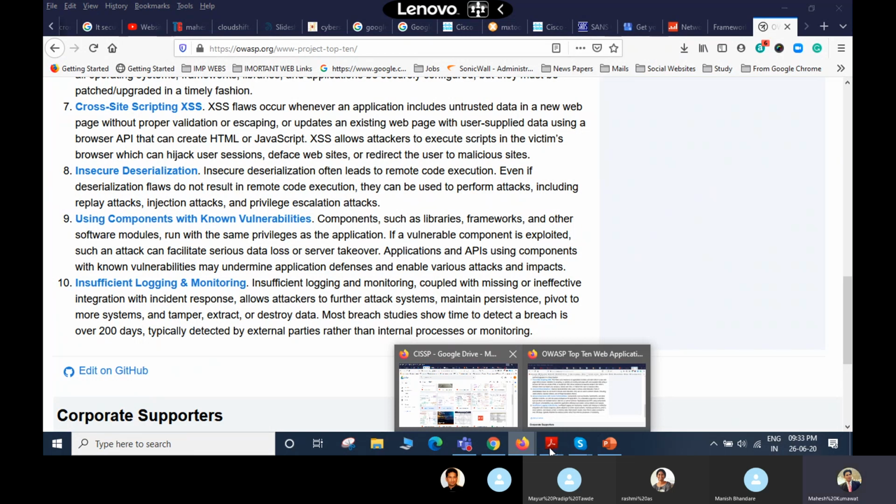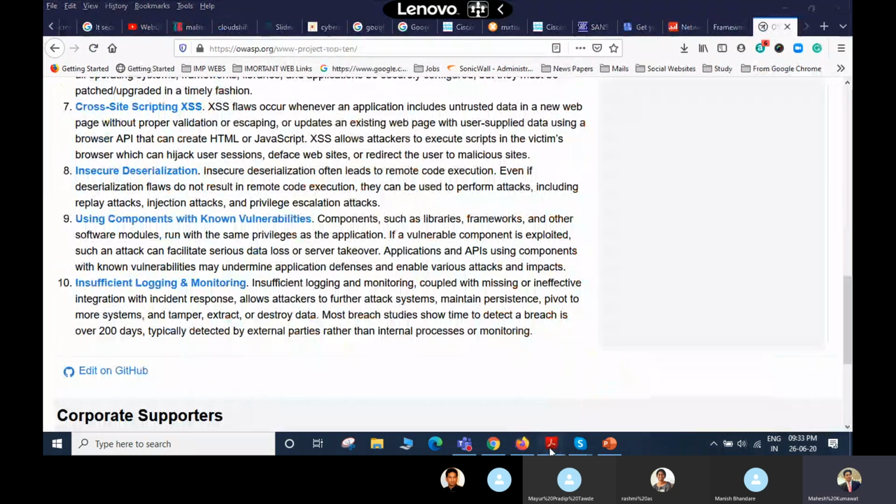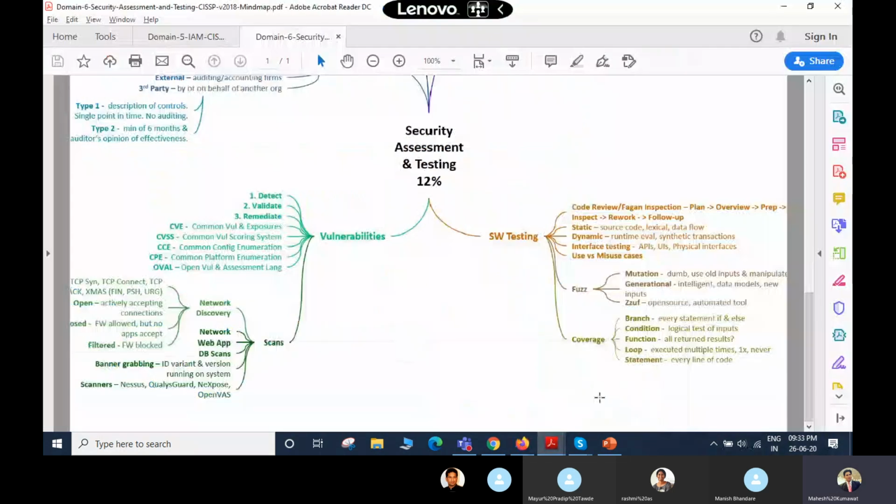So what I'm trying to tell you is, you need to study the different vulnerability assessment procedures. Okay, network discovery, these are some tools you're going to use for network, web applications, database scans. Suppose I would like to tell you how you can mitigate the databases. So you have to find different vulnerabilities inside the networks, applications, and cloud.